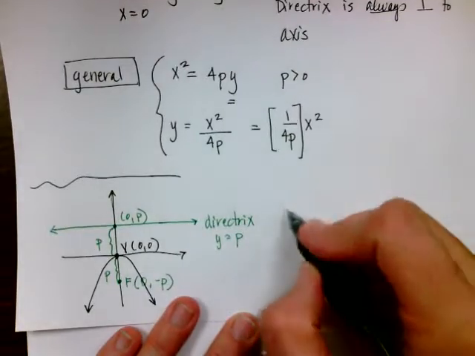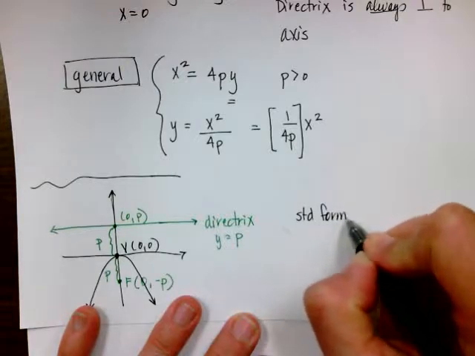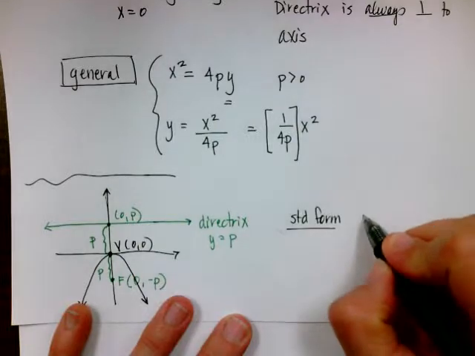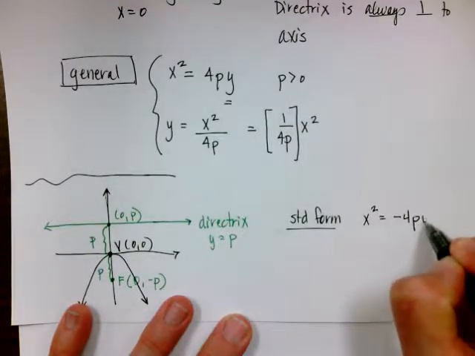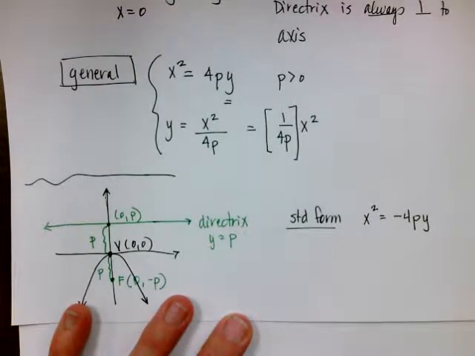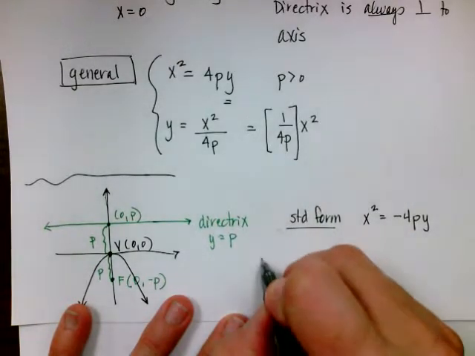All right, so my standard form or general form, I'm going to use standard form because I think that's the words that the book uses, is going to be x squared is equal to a negative 4py. And again, that's considered the standard form, and the book will ask you to write your equations in standard form. But I can manage this information, so I call it my working formula.